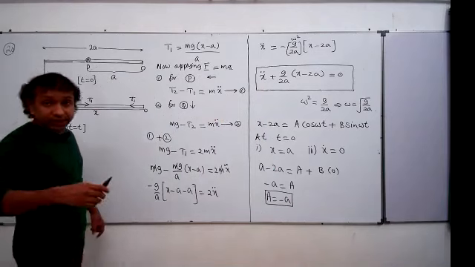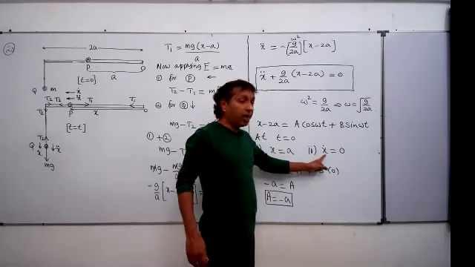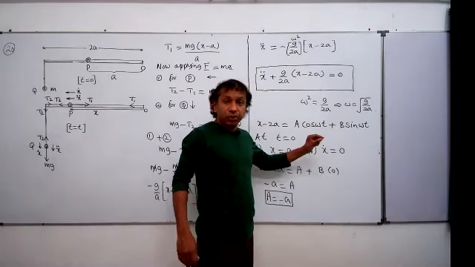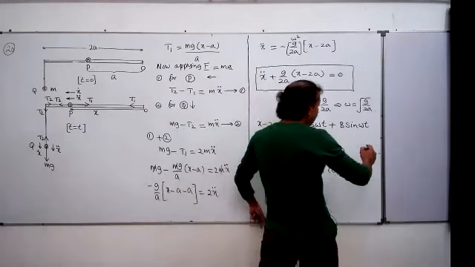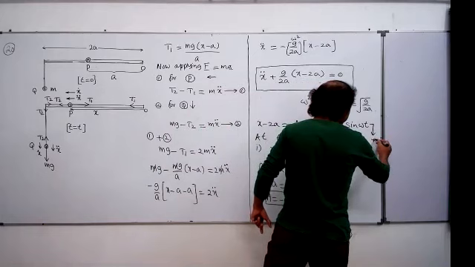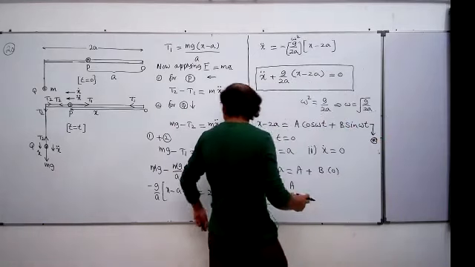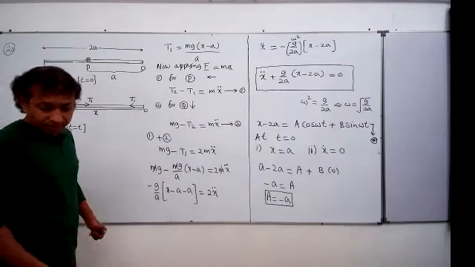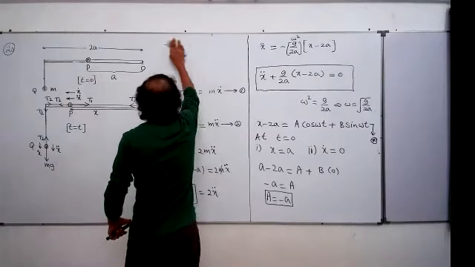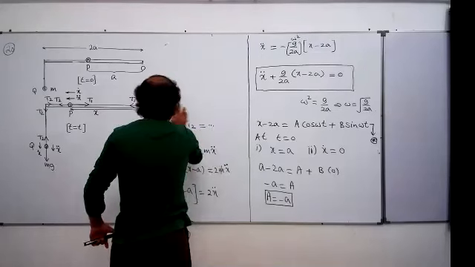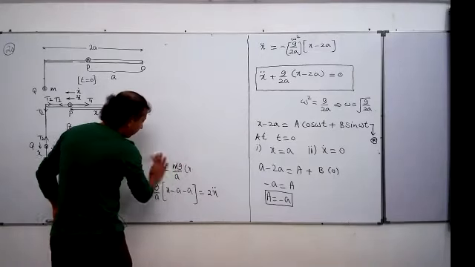Now, to use the second condition, we should have the velocity. To get the velocity, we can differentiate this with respect to time t. I take this as star. Now I differentiate star.